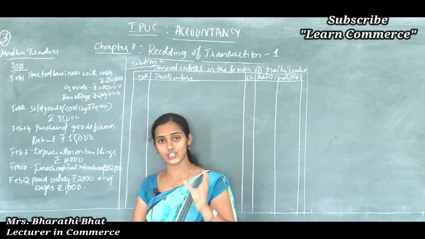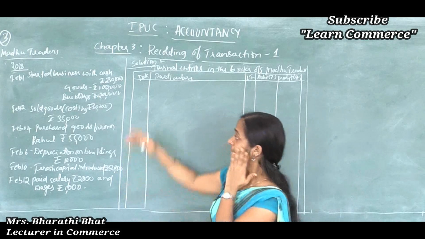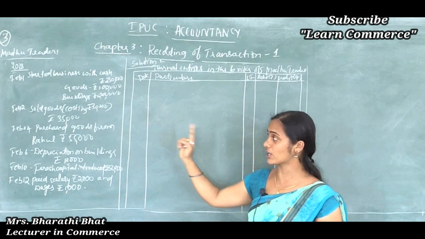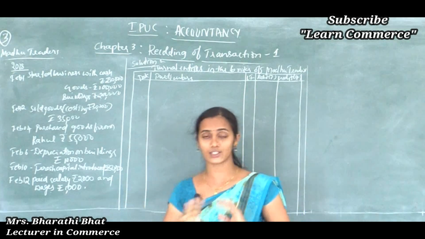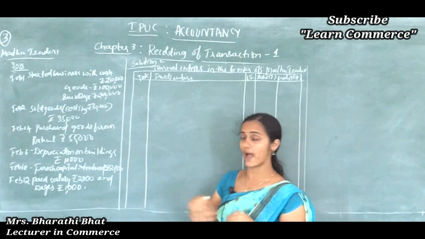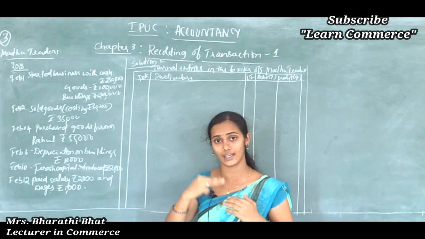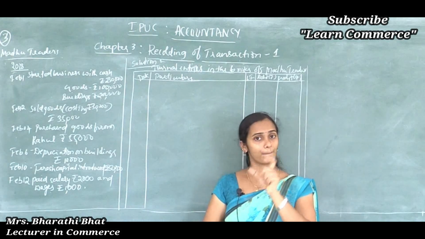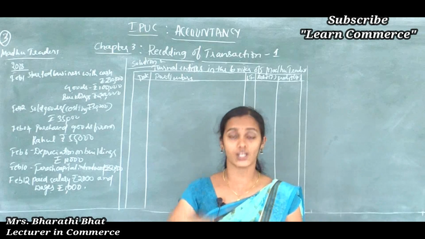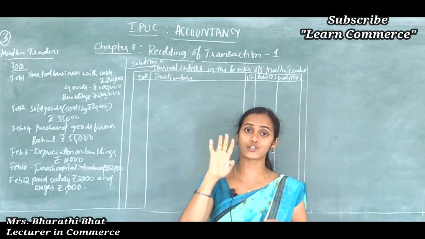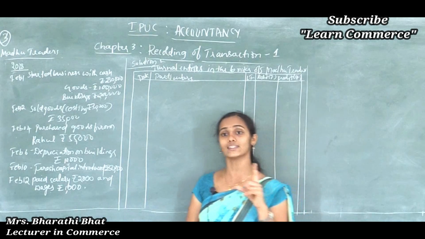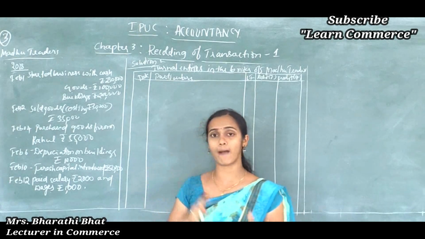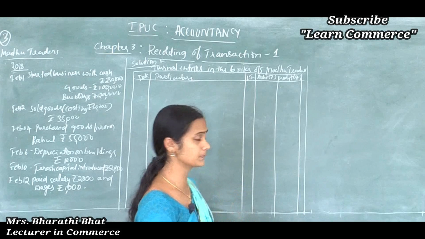Cash rupees 2,30,000, goods rupees 1 lakh, buildings rupees 2 lakh. So one particular transaction includes three different accounts, means totally four accounts are involved in one transaction. Let's see how to pass the journal entry for such a transaction.